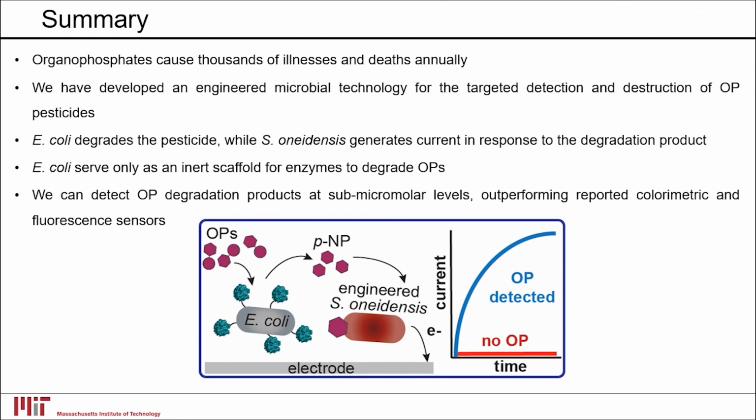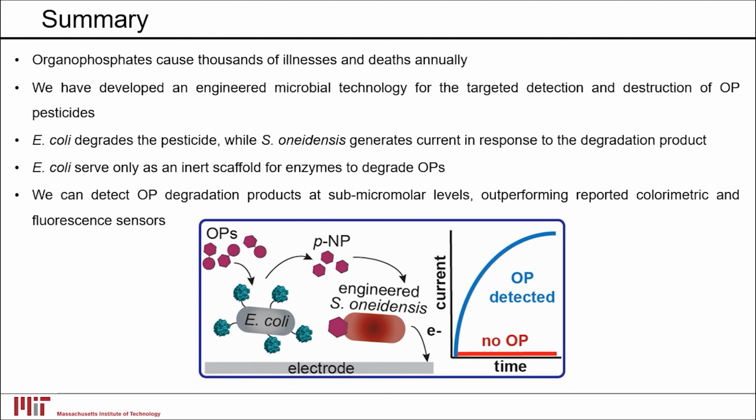And so in summary, what we've been able to do is to combine the inherent ability to engineer E. coli with genetic manipulation of these Shewanella oneidensis that are electroactive microbes to both degrade harmful environmental contaminants and detect the degradation products.